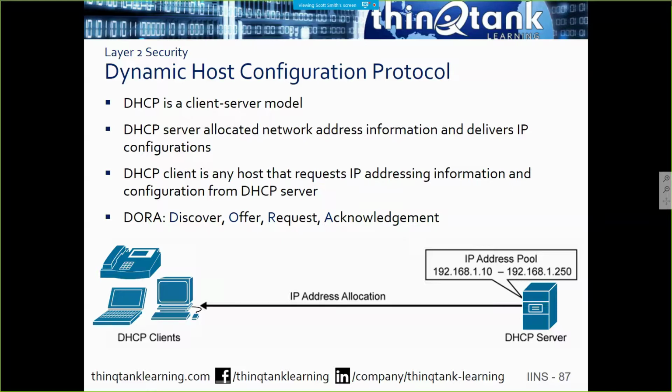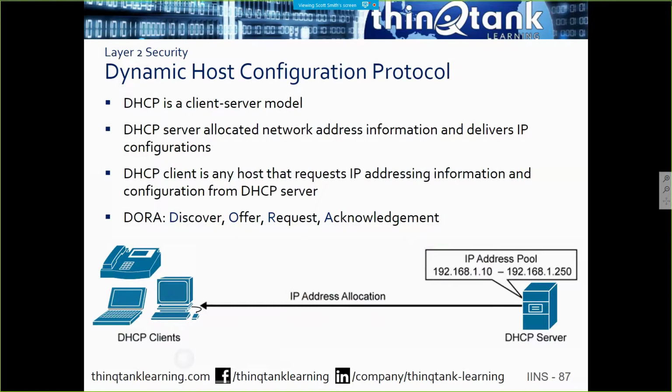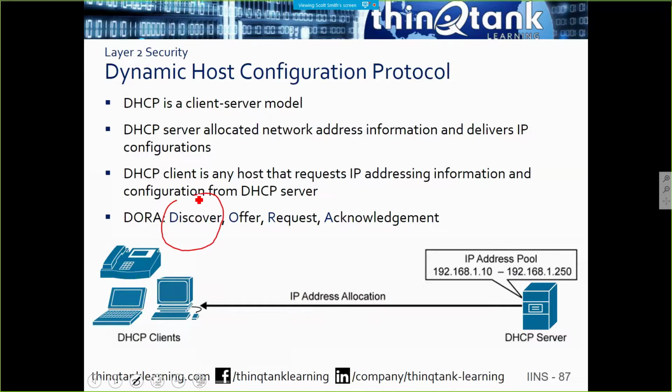And the DHCP client gets that information from the DHCP server. We call this the DORA process because it starts with a DHCP discover, which again is a broadcast, a client essentially going out and saying, hey, I need to get IP address information. Is there anybody out there that can provide that information to me?